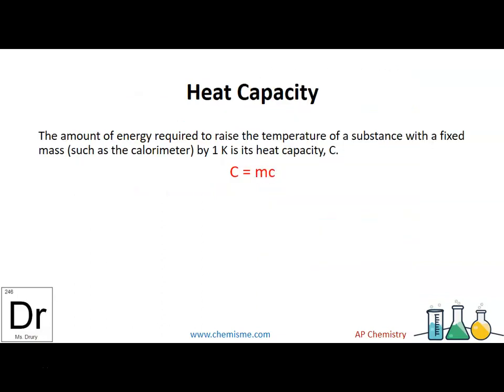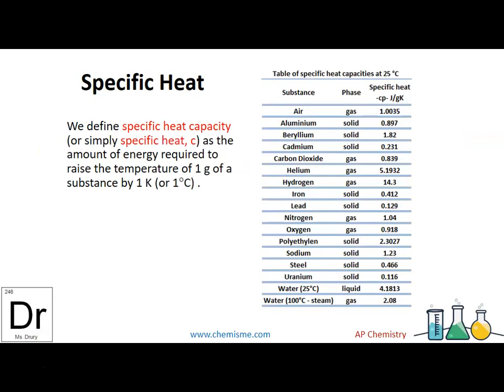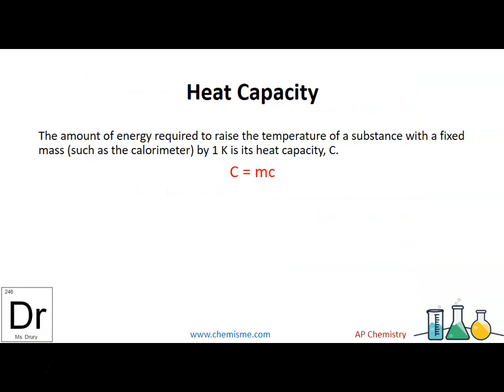There's also something called heat capacity. Now, heat capacity is for a substance like the actual calorimeter or a thermometer or a piece of something that is a mixture of things. So you get specific heats for specific elements or compounds, but you get heat capacities for devices that have a mixture of those things. And that means that that device, big C, is actually equal to the mass times the specific heats of each of the individual parts.